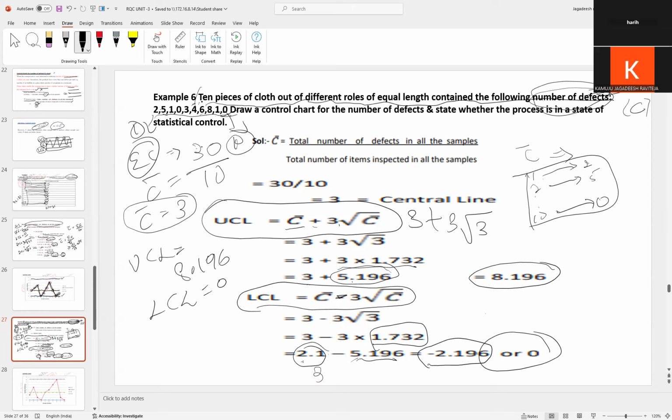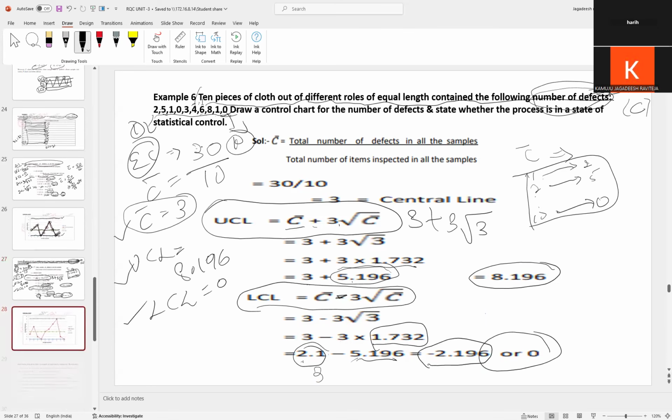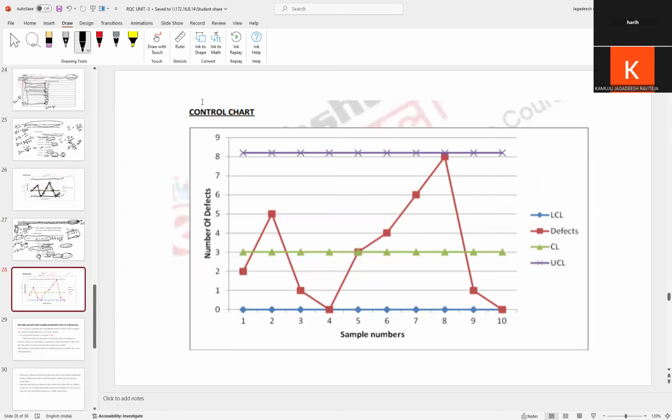Now what is the lower control limit? 0. So now we calculated all the parameters. Center line is 3, upper control limit is 8.196, lower control limit is 0. Now what is the next step? Control chart. We are going to draw the control chart. First we draw the chart and take 10 samples: 1, 2, 3, 4, 5, 6, 7, 8, 9, 10.